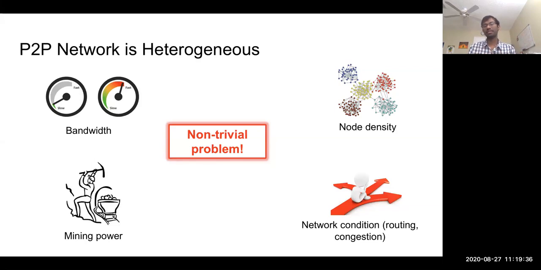The density of nodes in different parts of the world can also vary a lot. So even if we were to implement a random geometric graph in practice, it's unclear what r parameter to choose for the algorithm. And lastly, the network conditions can vary. There could be link failures, router failures, and network congestion, which could change the point-to-point latency between two nodes over time. All of these heterogeneities make finding an efficient peer-to-peer overlay a very non-trivial problem.